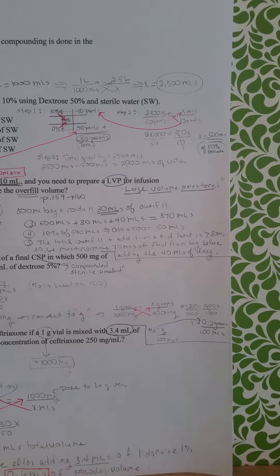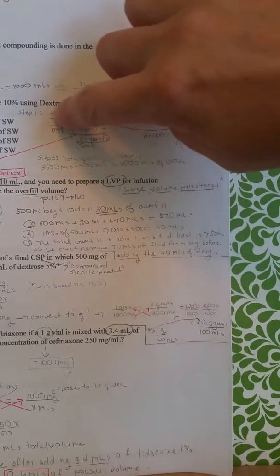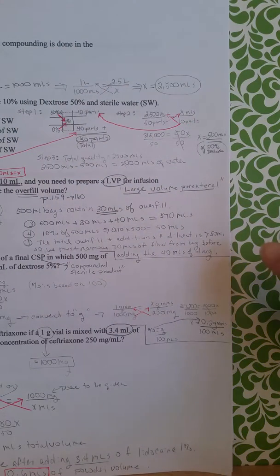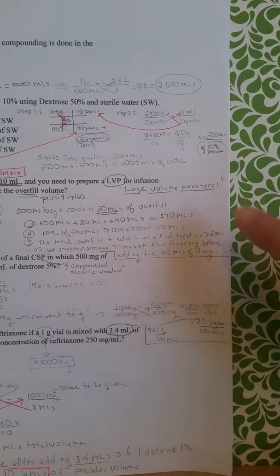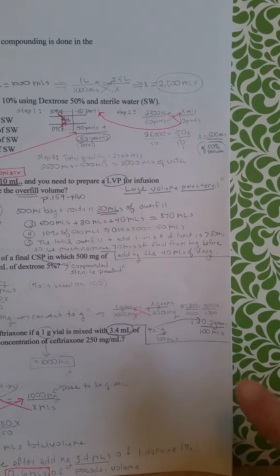Divide both sides by 50, so that's going to give you 500 mLs. So the 500 mLs correlates with the 10, which correlates with the 50%, so it's the dextrose. Because we know that the total quantity is 2,500 mLs, we can subtract 500 mLs from 2,500, and we'll know that the remaining is going to be 2,000 of water.